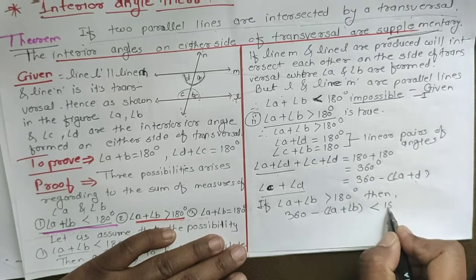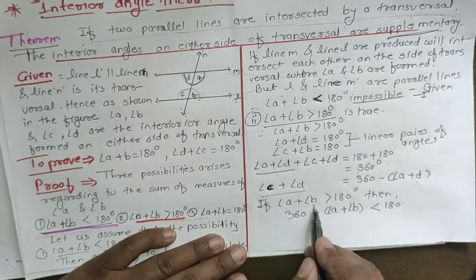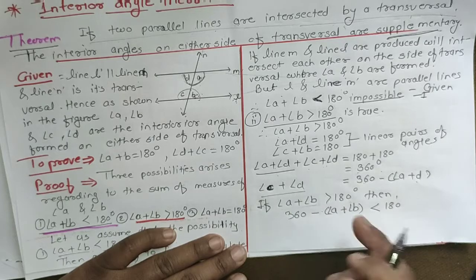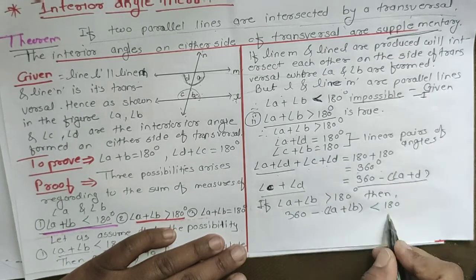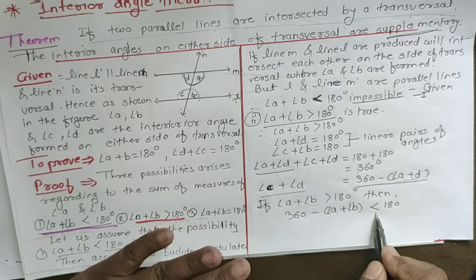It is less than 180 degrees. Okay, both sum is 360. And A plus B, suppose if it is more than 180, then this side is less than 180. What we are saying? This side is less than 180.